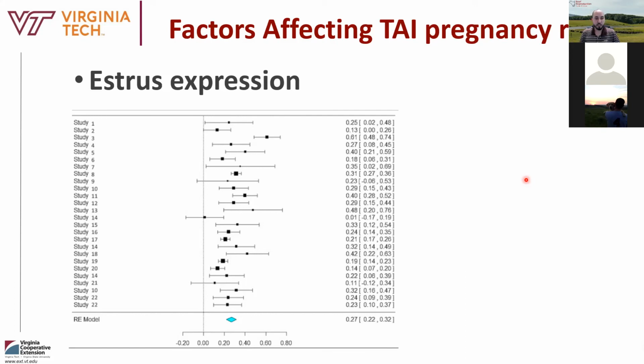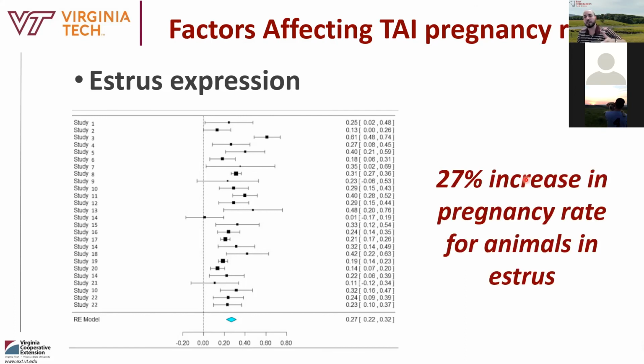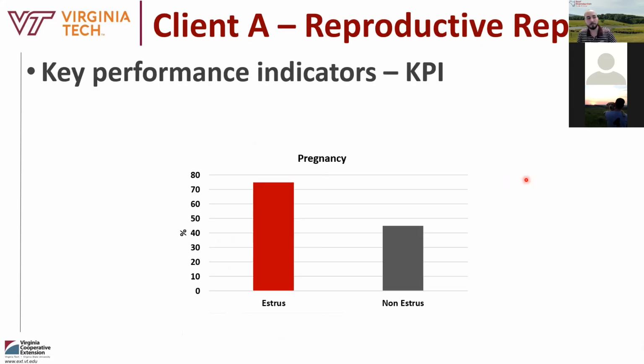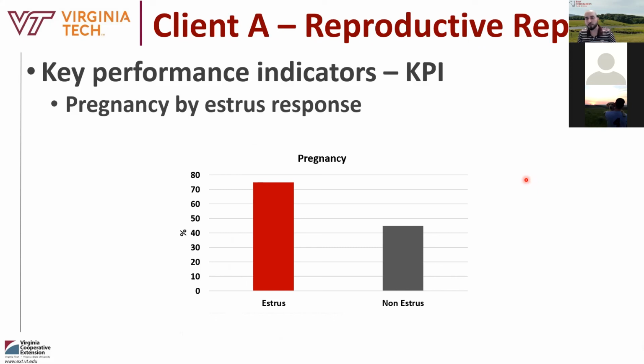On average, they saw that if the cow shows estrus during the protocol, they had a 27% increase in pregnancy rates, right? So we know estrus expression is really important. So we always like to show pregnancy by estrus response, right? And to be able to do this, we need to make sure that we are collecting estrus, either with Estrotect patches or by putting tail chalk on the cow so that we can detect them in estrus accurately.